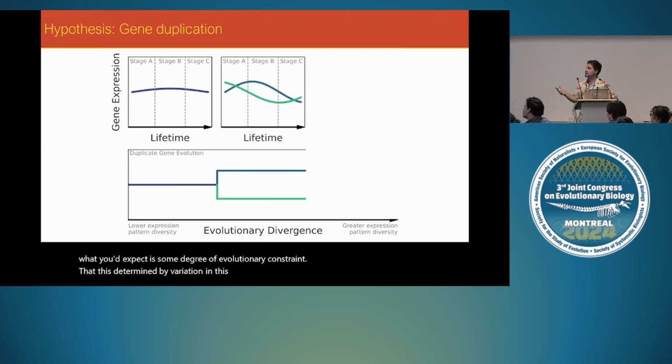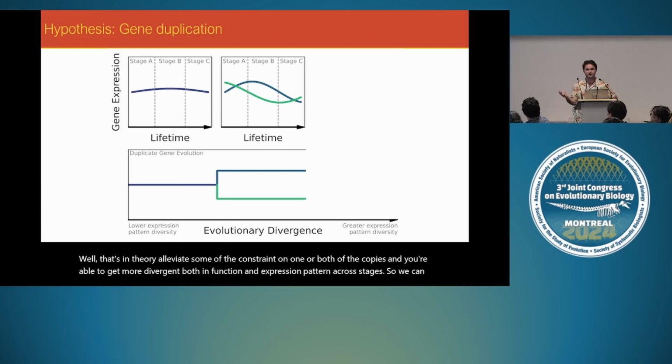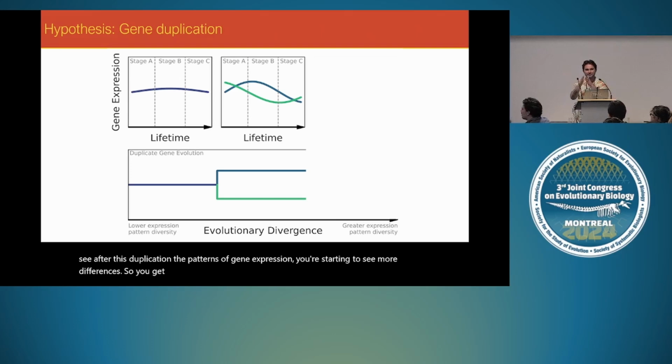But if you duplicate that gene, that, in theory, alleviates some of the constraint on one or both of the copies, and you're able to get more divergence, both in function and expression pattern, across stages. So after this duplication, you're starting to see more differences in the patterns of gene expression. You get that function that's expressed at one stage, and you can get a little modification of that function that's expressed in another stage.